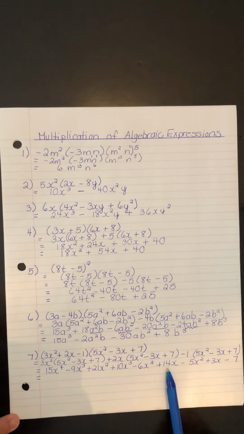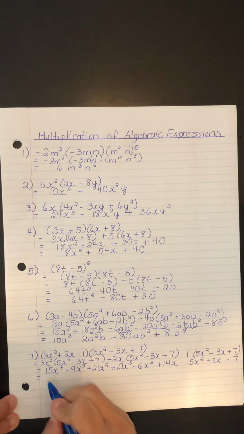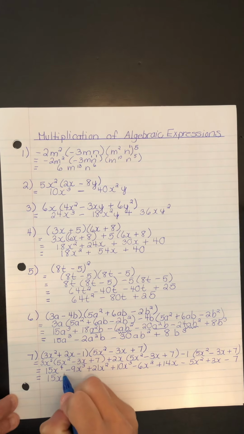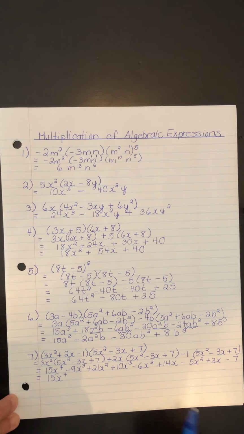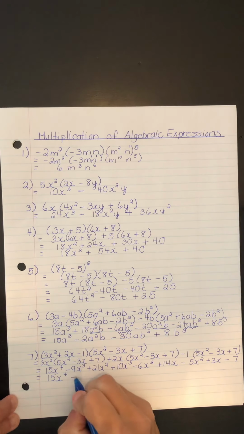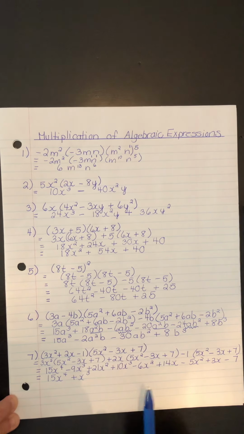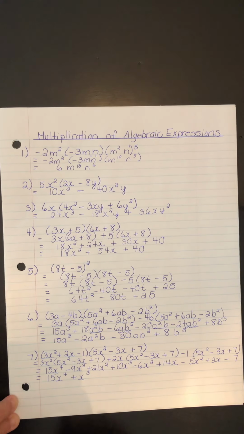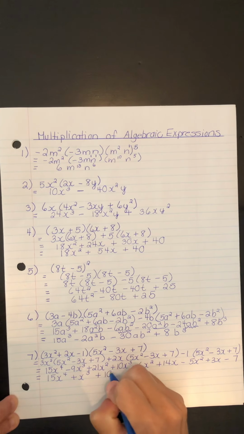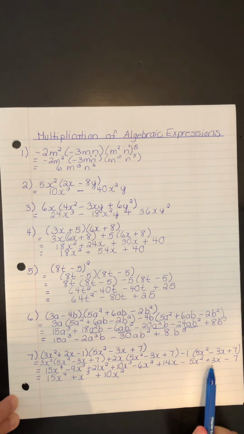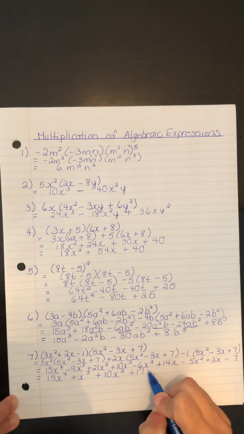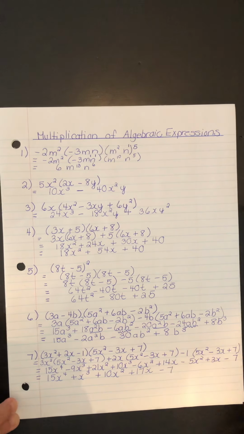And terms containing x are here and here, 14 and 3, so 17x. Okay, so that means we will have this. 15x to the power of 4 plus 1x cubed plus 10x squared plus 17x minus 7. Okay, so this is written in descending order of degree, which is very common.